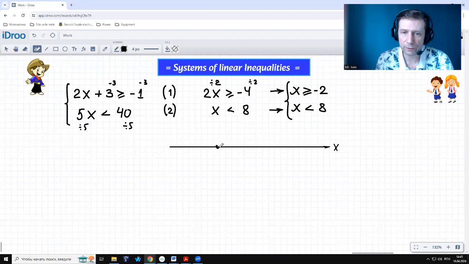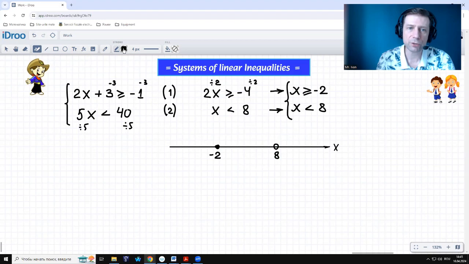Black point or filled-in point, okay, because it's included, greater than or equal to, remember, right? So it's -2. And then 8. I'll do it on the 1 number line, okay? 8 should be a blank non-filled dot, not a filled point, like this, okay?